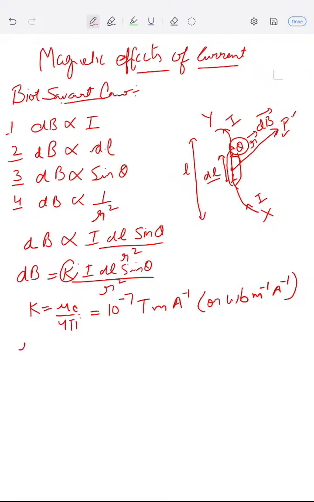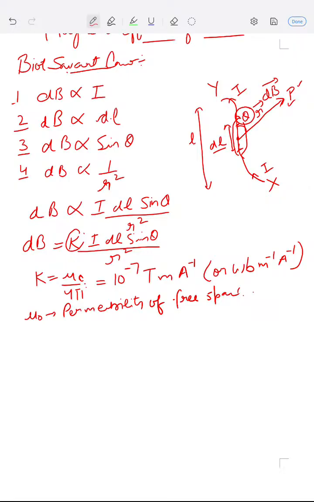And what is mu 0? Mu 0 is the permeability of free space. So dB equals mu 0 I dl sine theta upon 4 pi r square.